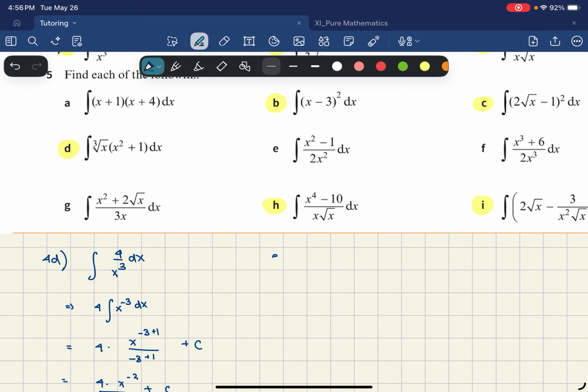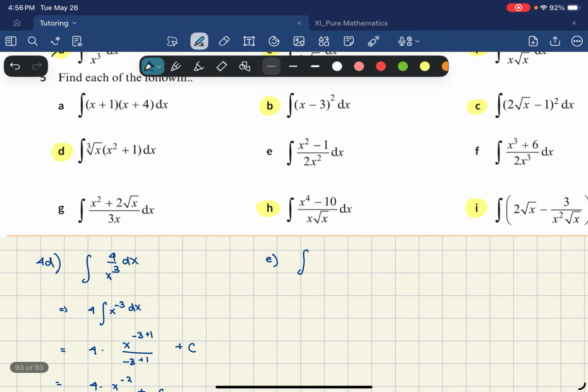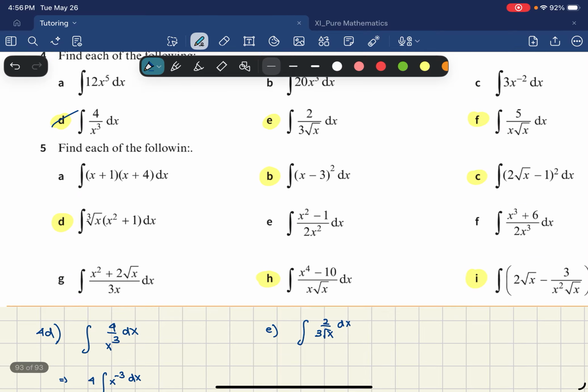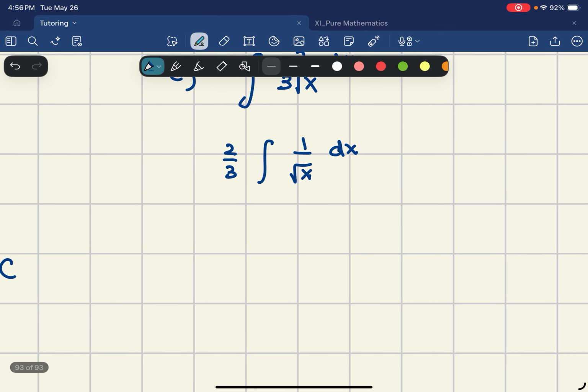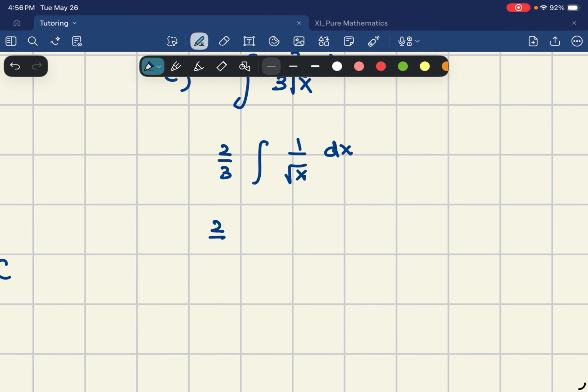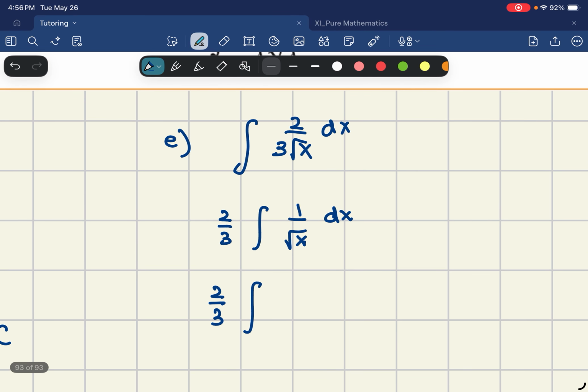For e, you have this expression, 2 over 3 square root of x dx. All right, so now let's factor out a 2 over 3 as follows. So 2 over 3, and then I have integration of, so if you factor out a 2, you have 1 in your numerator, and if you factor out a 3, you have 1 in your denominator, and 1 times root x is just going to be root x.